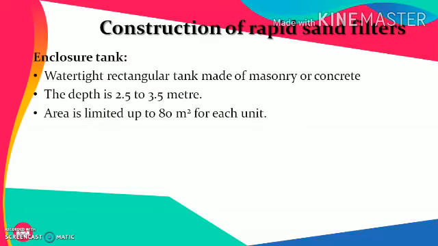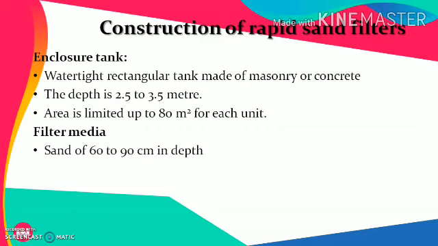The area of each rapid sand filter is limited to 80 square meters. If a larger area is essential, then larger rapid sand filters are constructed in multiple numbers. Generally, the area does not exceed 100 square meters in any case.